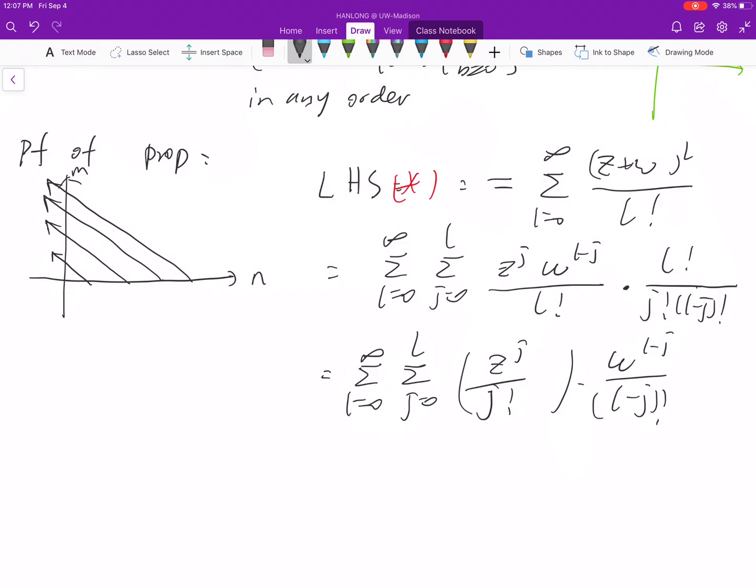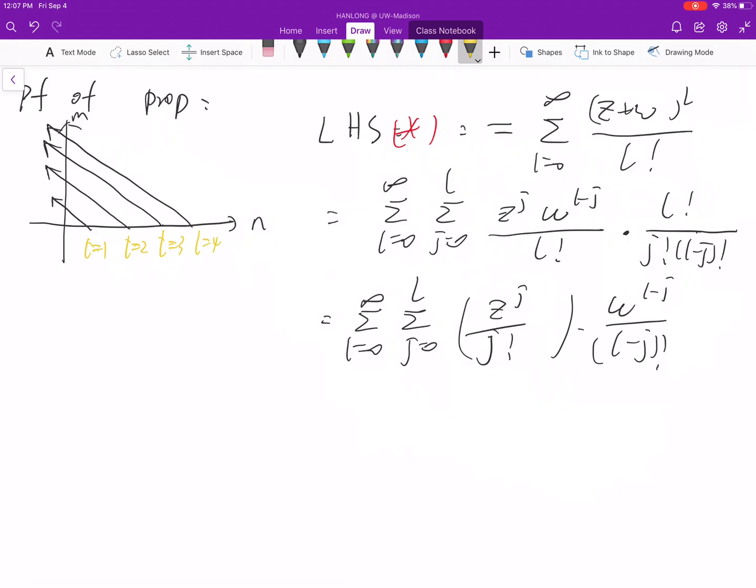So this summation, according to the diagram on the left hand side: J equals 1, J equals 2, J equals 3, J equals 4. So you sum in this order, sorry, L equals 1, L equals 2. So by the lemma, this summation can be reordered in the following way.